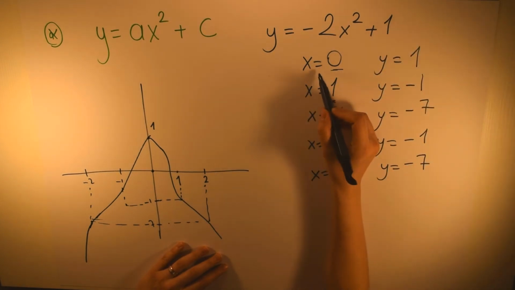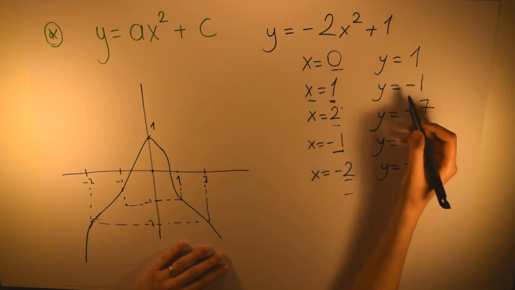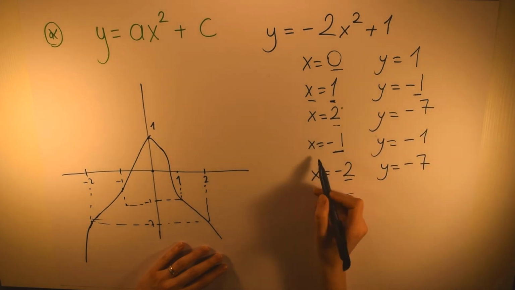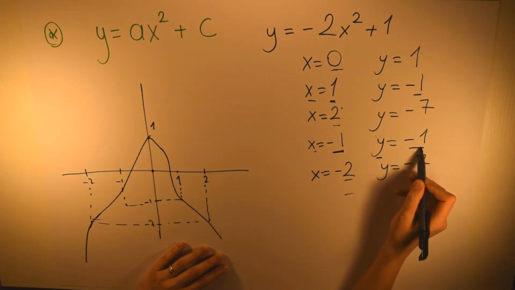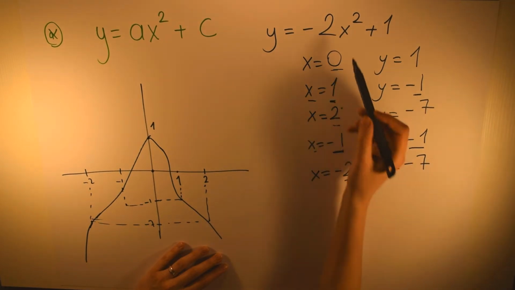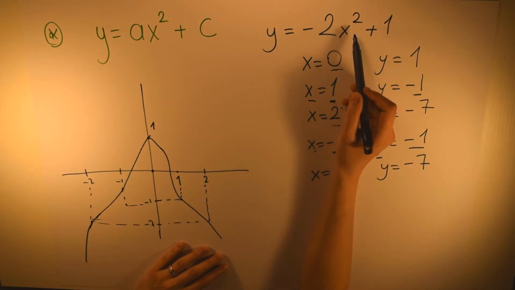For example, when x is equal to 1, y is equal to minus 1. When x is equal to minus 1, y is equal to minus 1. Why? Because you don't have any term with x, right?